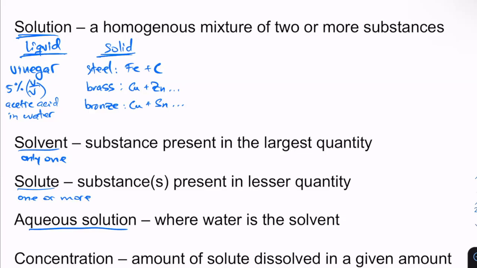In steel, the solvent is iron. In brass and bronze, the solvent is copper. But you don't tend to think of solvents as being something that's a solid, okay? But by definition, we could classify these things as solvents and solutes. Collectively, when we have a solid homogeneous mixture, these are called alloys.